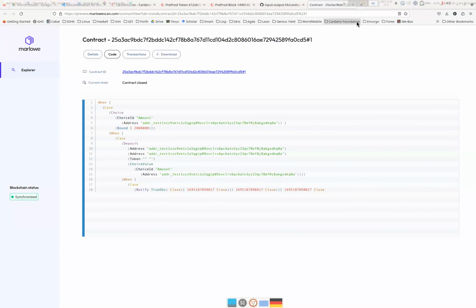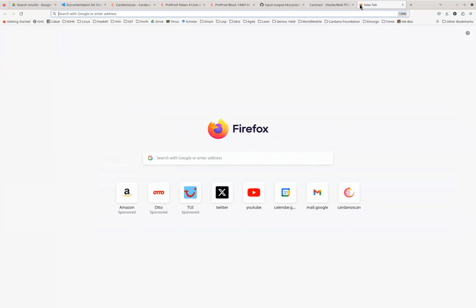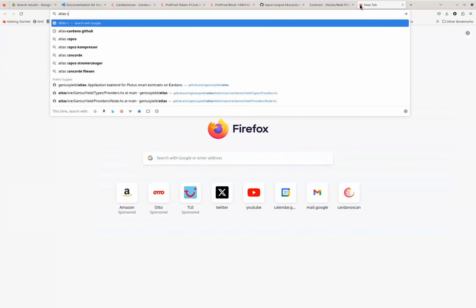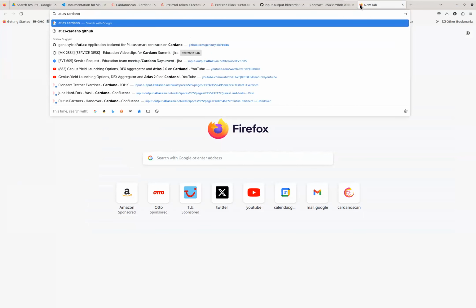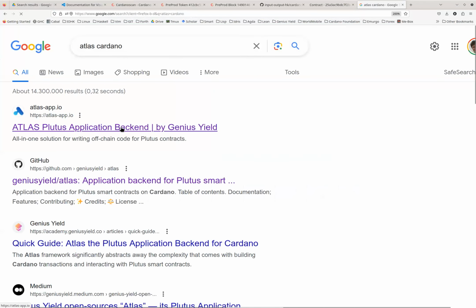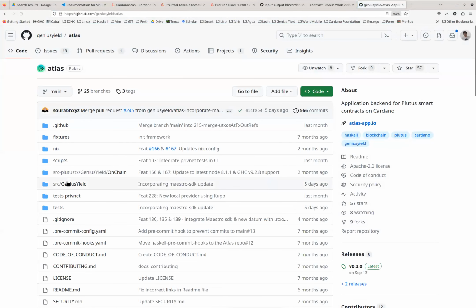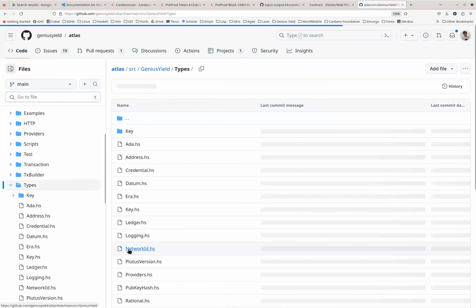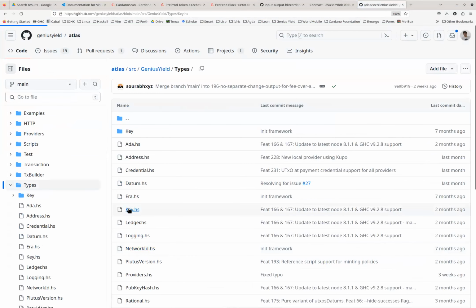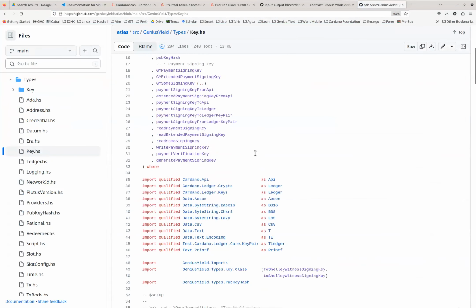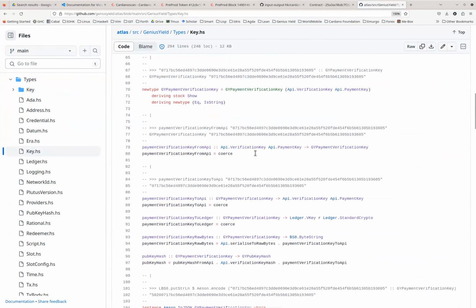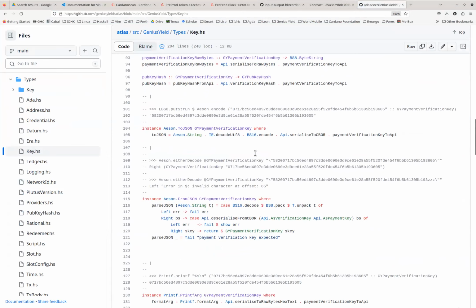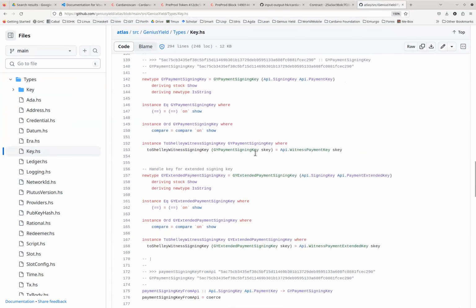Let's see. I think in all these data types, I'm pretty sure there is somewhere.